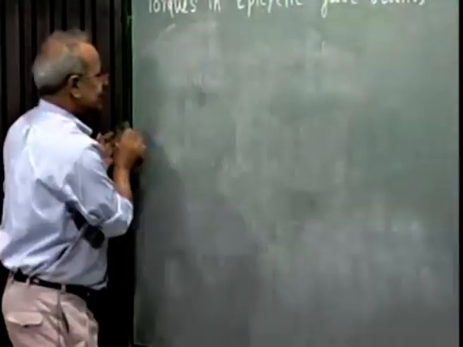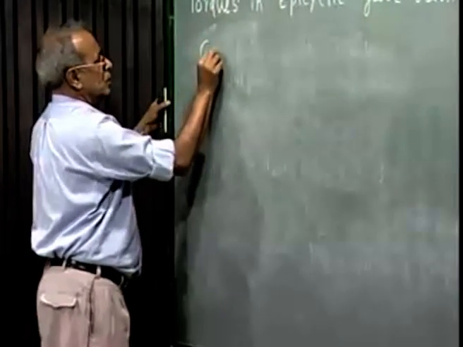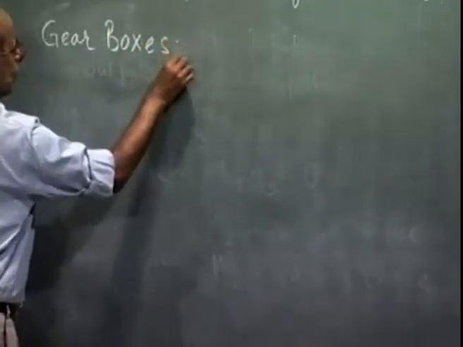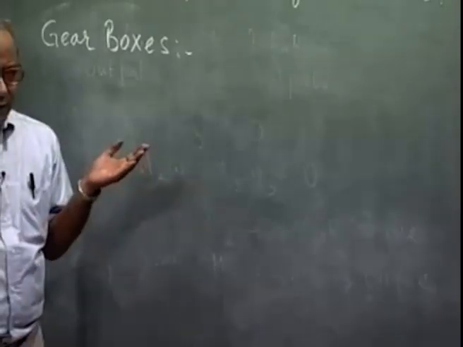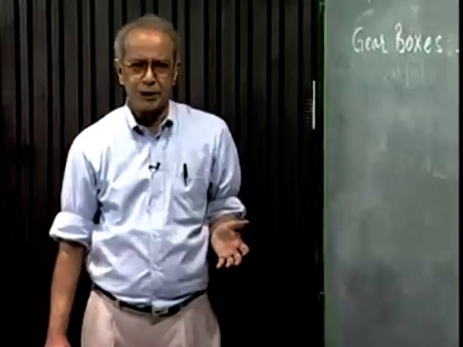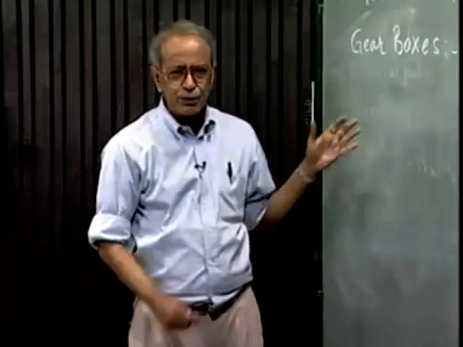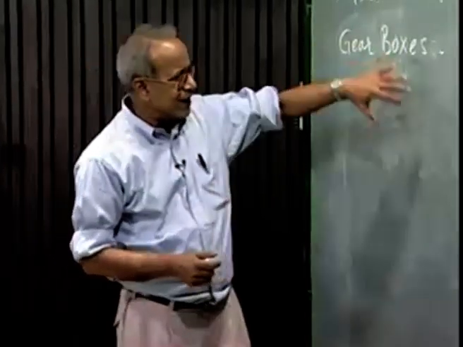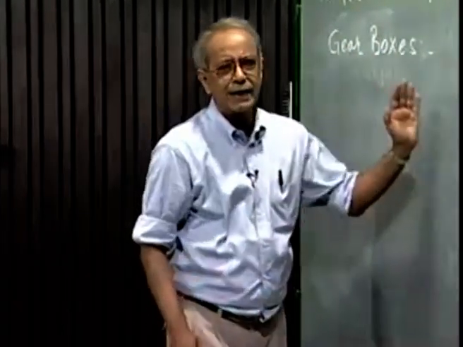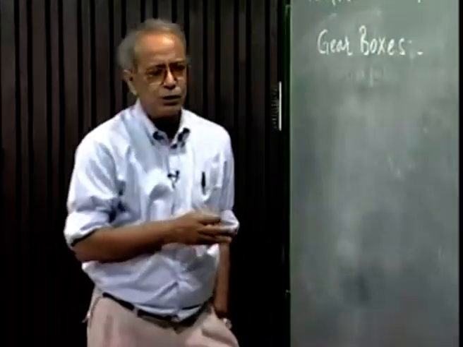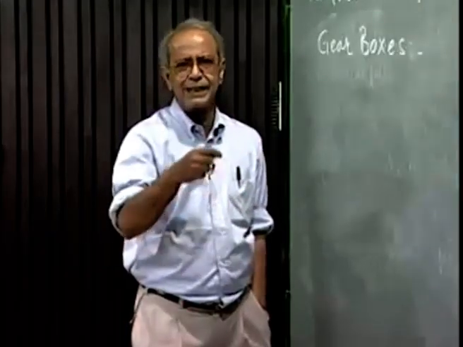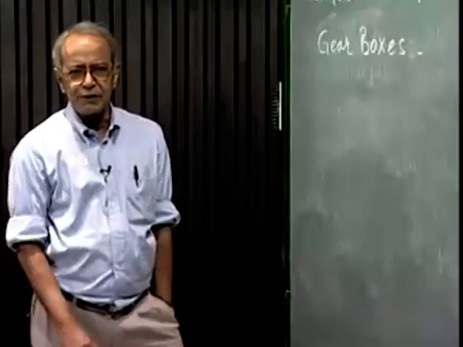Gearbox, as you know, there is one input speed, but I may require to get various different output speeds, and accordingly we change the gears within the gearbox, the gear engagement we change, and using different set of gears within the same gearbox I can create different output speed, as we do in an automobile. From the same input speed I can go to first gear, second gear, third gear, as you want to increase the speed of the car.